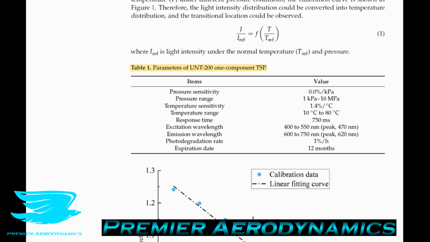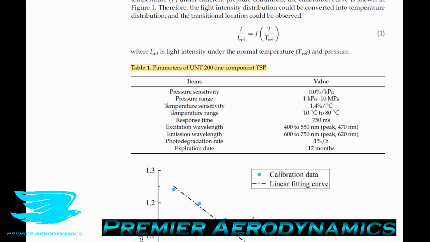A 400 nanometer LED light was used to illuminate the surface of the model sprayed with TSP. At the time, the TSP was excited by the excitation light and emitted red light with a peak wavelength of around 610 nanometers. Then a CCD camera was used, and a 580 nanometer high-pass filter was installed in front of the camera to eliminate the influence of the excitation light and collect TSP luminous intensity images under different working conditions.